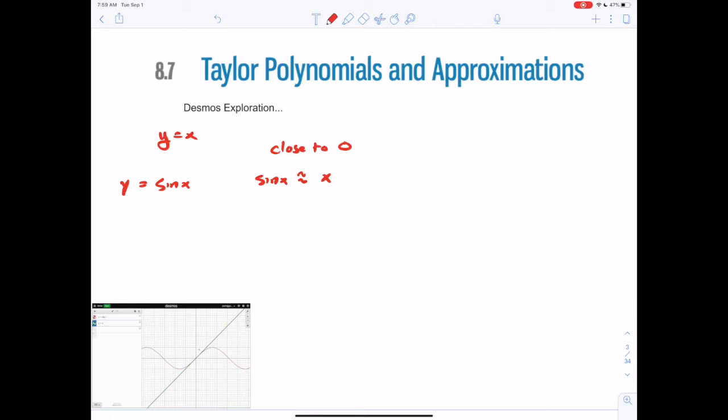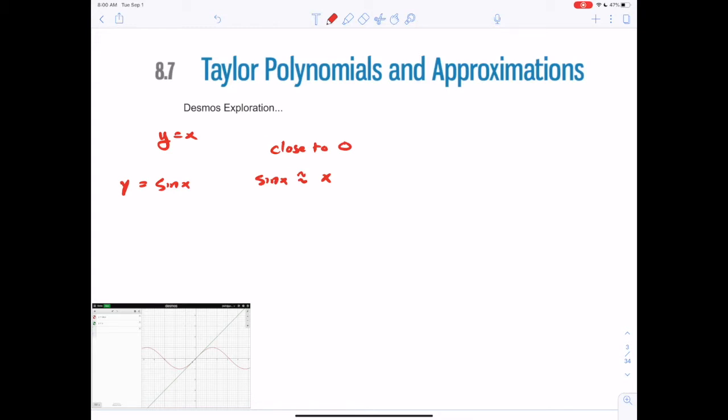Now if you notice, when we're really close to 0, that green and that red are overlapping to the point where you can't tell which one's which, right? They're mimicking each other. But do they mimic always?